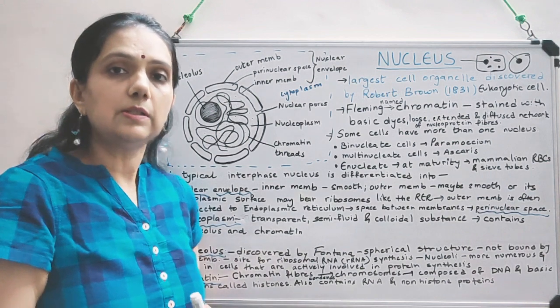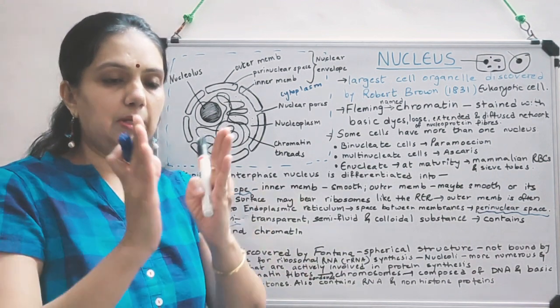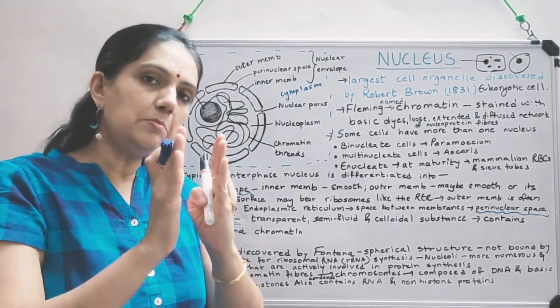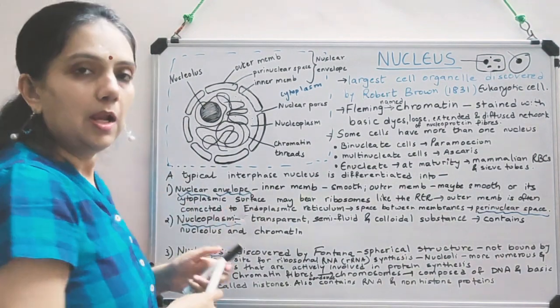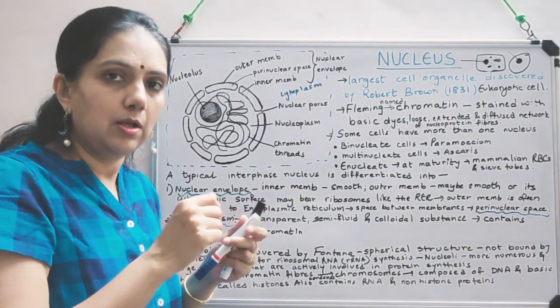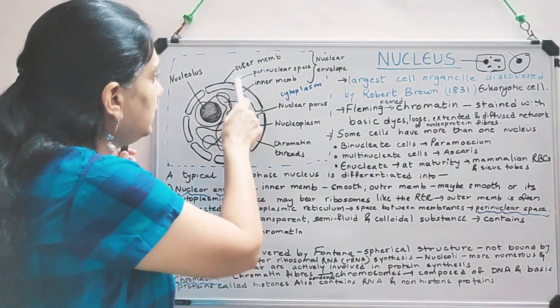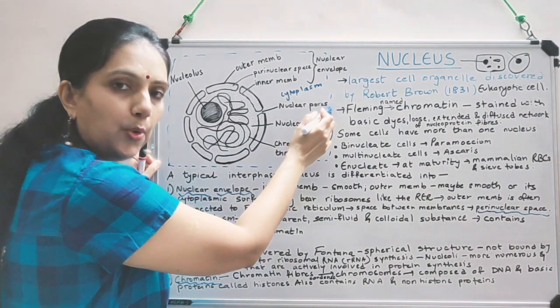The nucleus is double membrane bound, means it has outer membrane and inner membrane, and in between there is a space, that is called perinuclear space. Now I told you when you prick the ball, there are pores made. So these are the pores in between. So these are the nuclear pores.